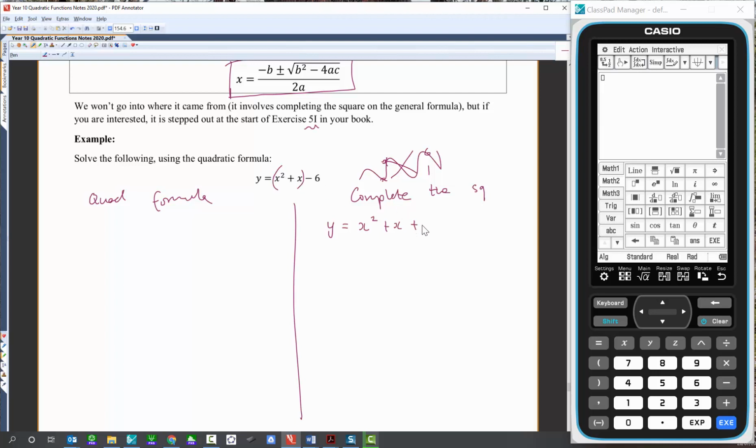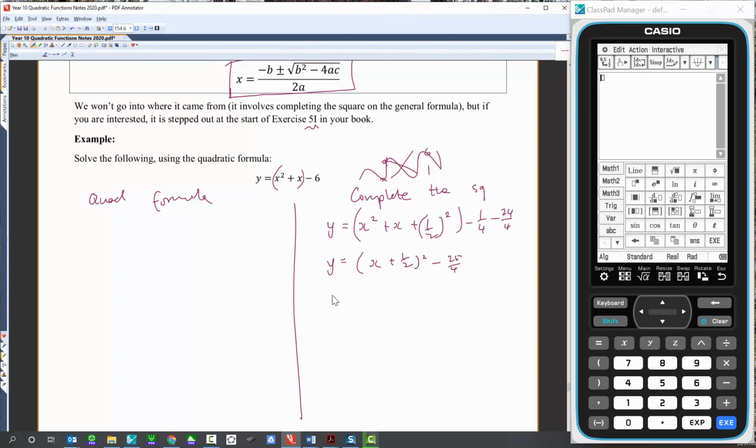So half of 1 is a half, squared is 1 on 2, all squared. Subtract it, which is a quarter, take away 6, which is 24 over 4. Now that's going to be y equals x plus a half, all squared, take away 25 over 4.